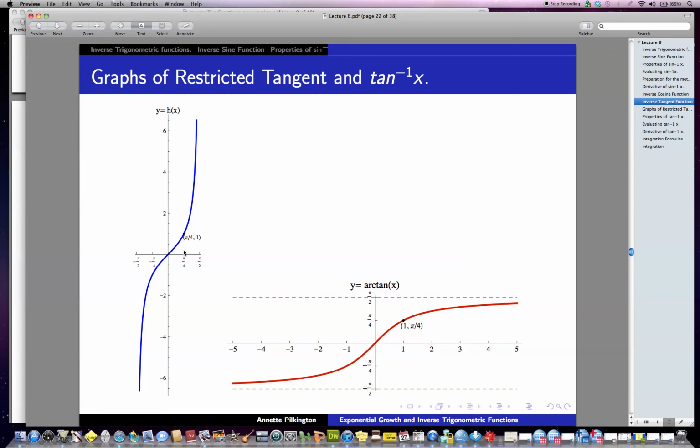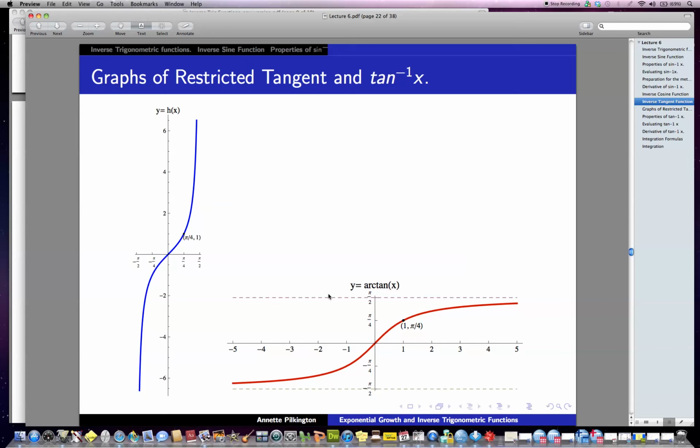We have pi over 4, 1 is on the graph of the restricted tangent, so therefore 1, pi over 4 is on the graph of y equals arctangent. That means that arctangent of 1 is pi over 4. And we have an extra feature here on this graph of the restricted tangent. We have two vertical asymptotes at pi over 2 and minus pi over 2.